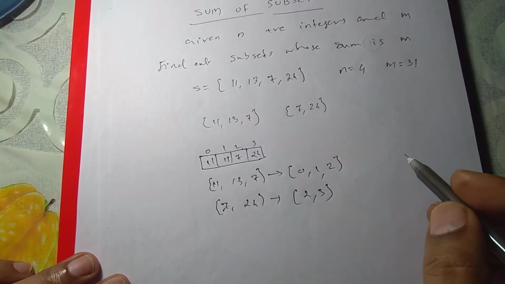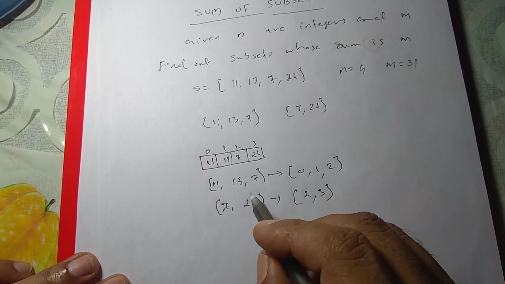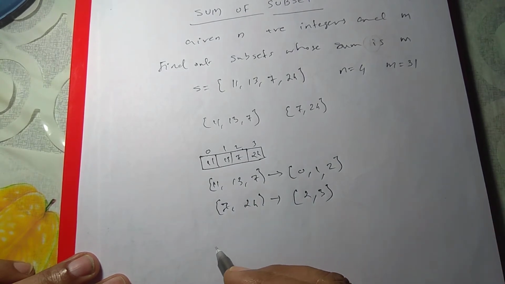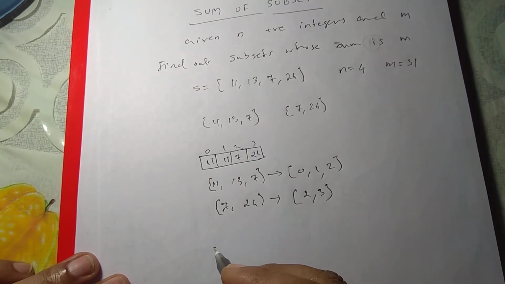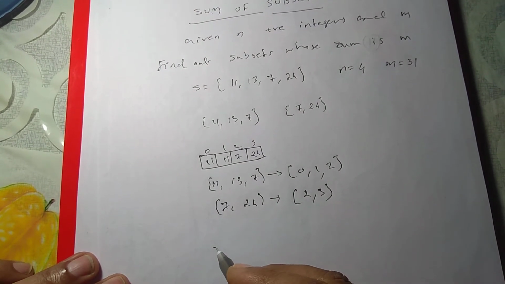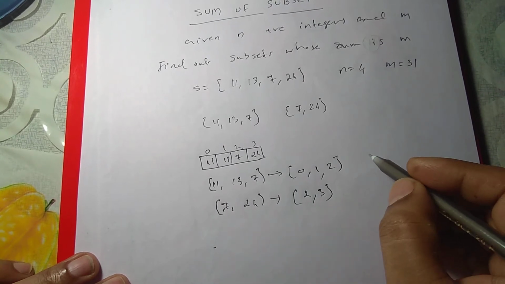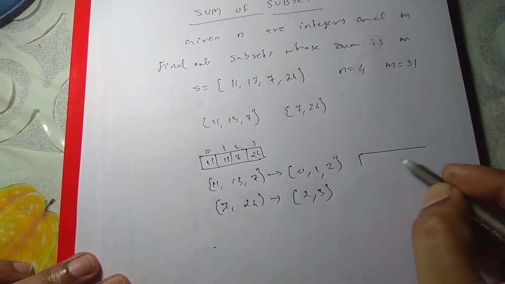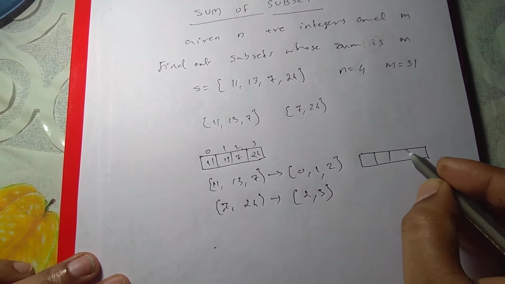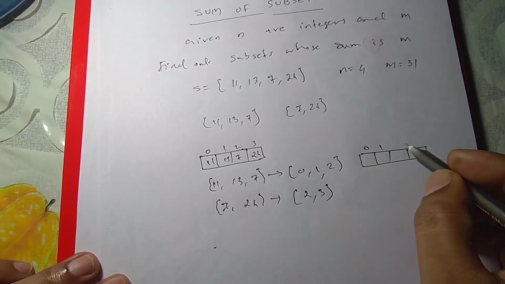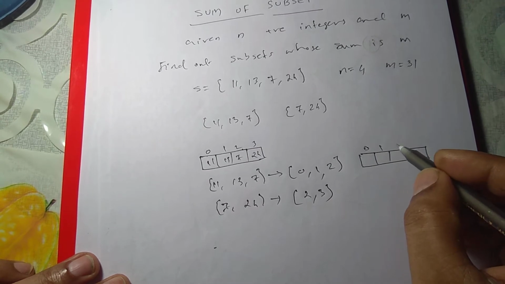The other way is a fixed size array. We have 4 elements, so the resultant array should have 4 elements.